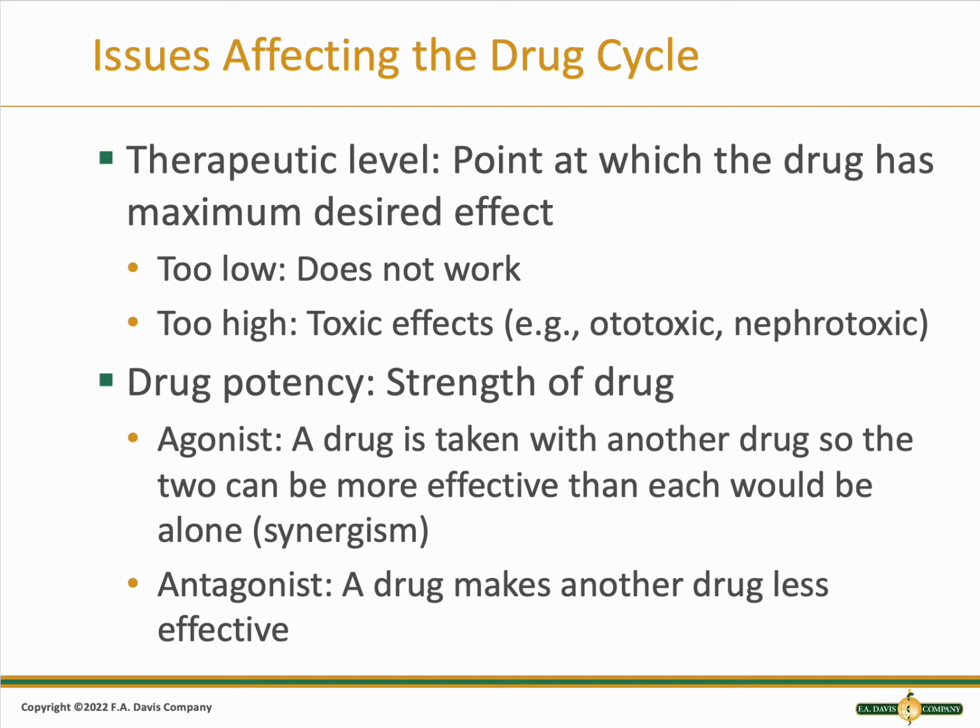Just as examples, they have here ototoxic and nephrotoxic. Oto means ear, so there are some drugs, especially antibiotics, that can cause what we call ototoxicity, and even the wrong dose of certain antibiotics by a small amount can cause permanent hearing loss, which would be ototoxicity, ear damage.